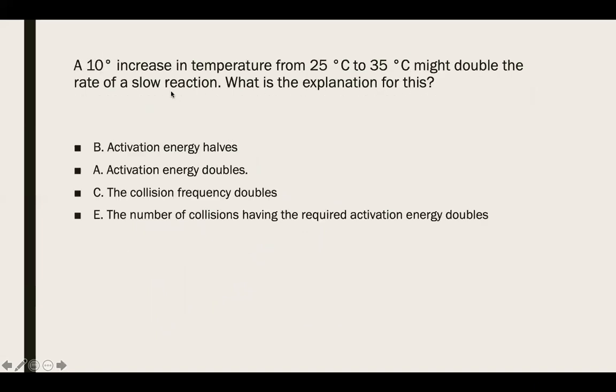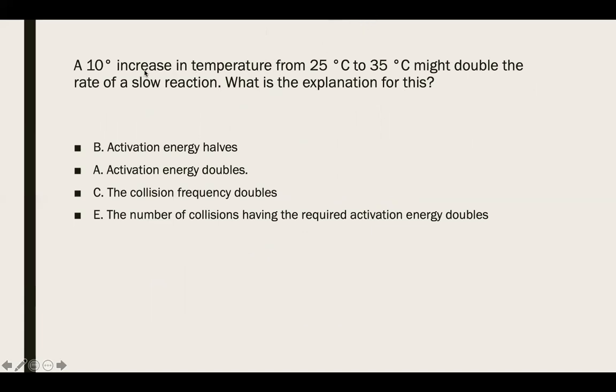So there's a 10-degree increase in temperature from 25 degrees Celsius to 35 degrees Celsius, and it doubles the rate of a slow reaction. So what's the explanation of this? These were the answer choices that you were given.